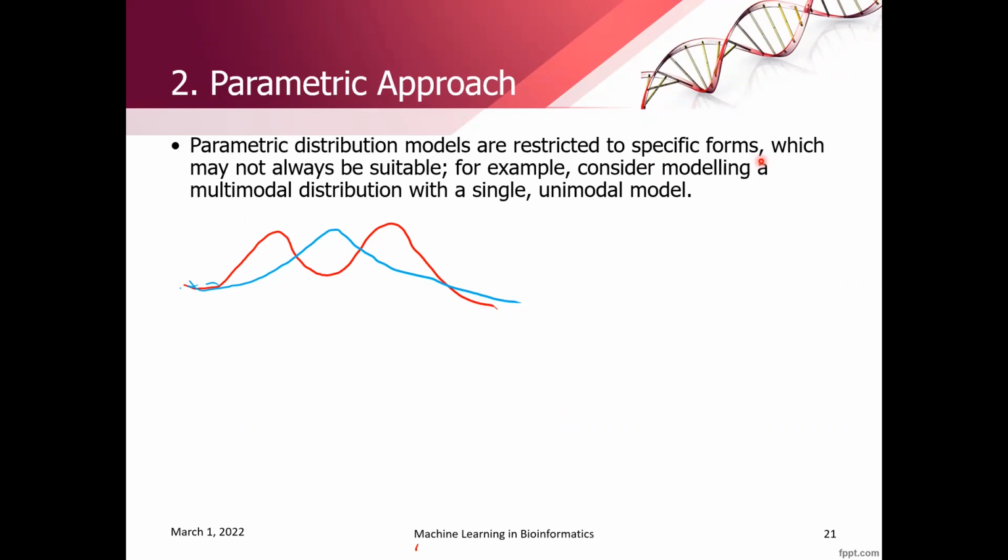The main problem with such approaches is that we assume that the data have some properties. For example, if we assume that the data have a simple distribution, something similar to a normal distribution, such a distribution is called unimodal. There is only one local maximum.